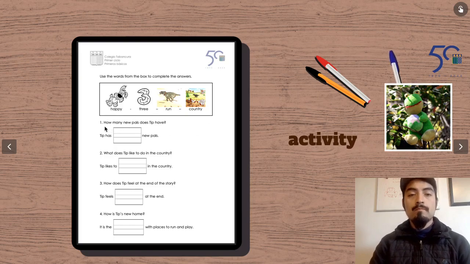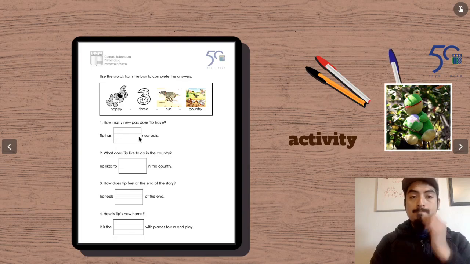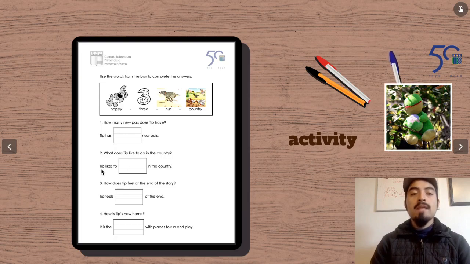Question number 1. How many new pals does Tip have? Tip has blank new pals. Question number 2. What does Tip like to do in the country? Tip likes to blank in the country.